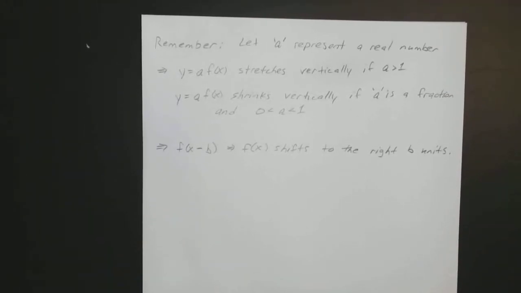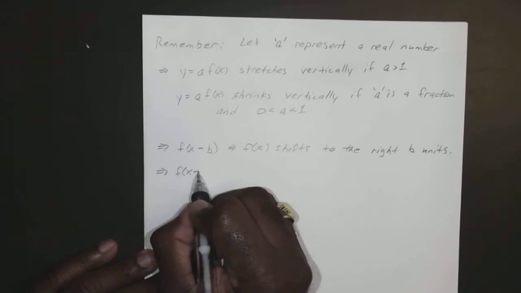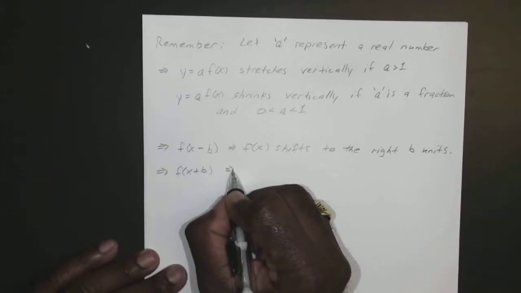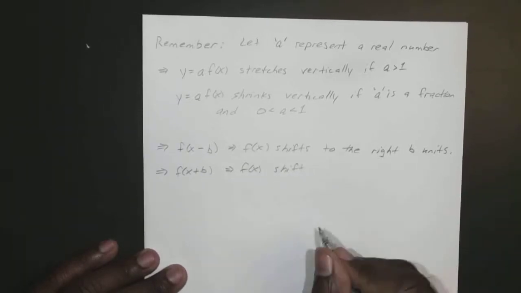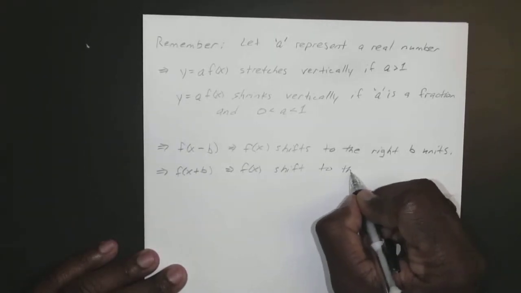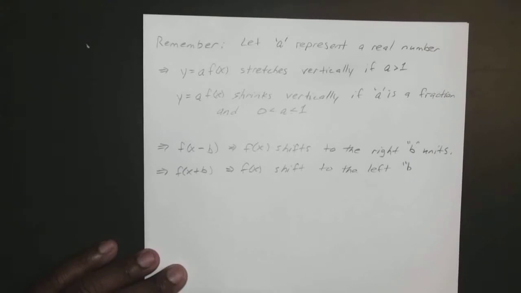And this was the one that was a little bit tricky because when it's minus, it shifts to the right, but when it's plus, it shifts to the left. So f of x plus b is that f of x shifts to the left b units. Put little quotation marks there.